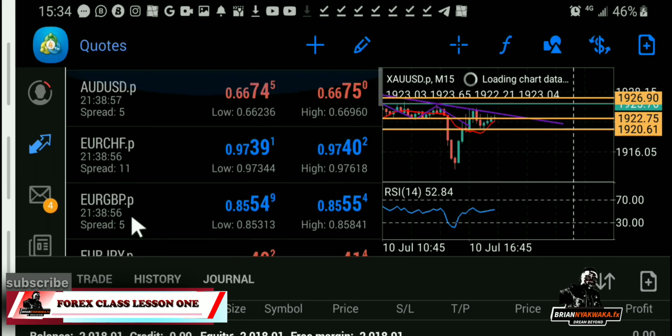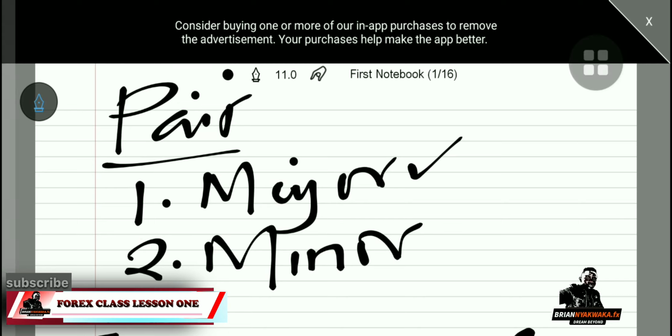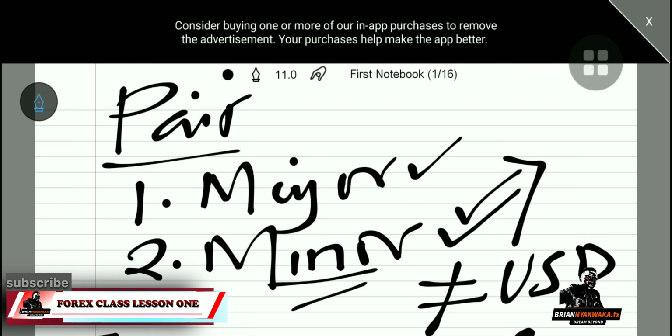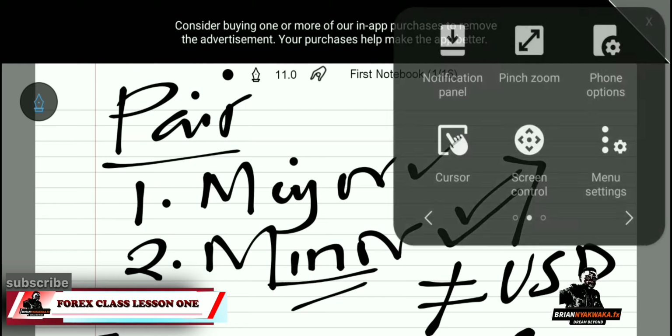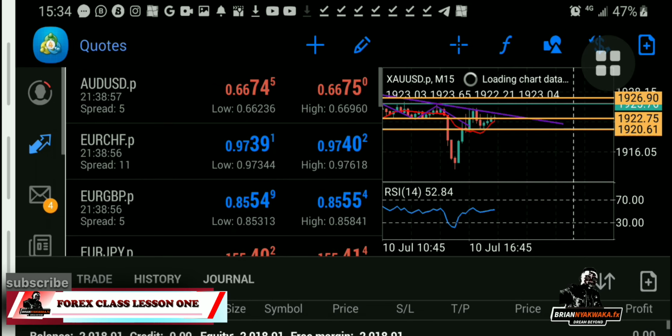Any other pair that is not paired to United States dollar is a minor currency pair. For example, here we have euros paired to Swiss franc.